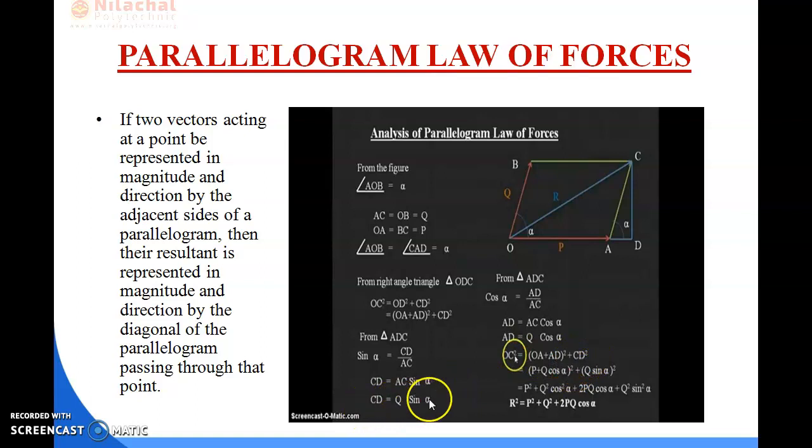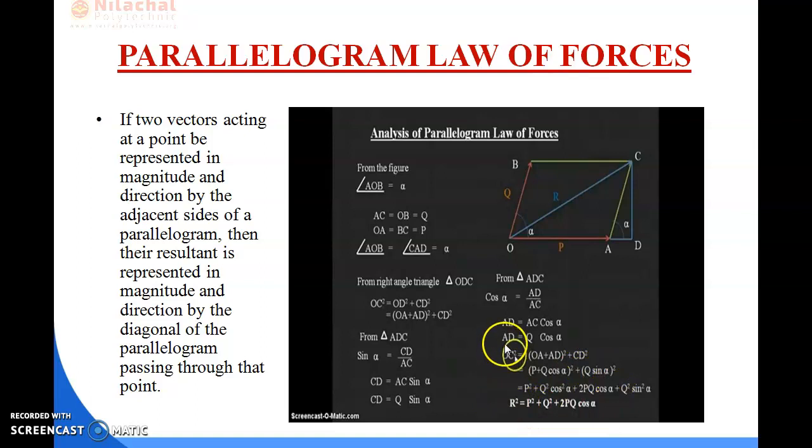CD is Q sin alpha, square. Okay, so now we can solve here. Open this: P square plus A plus B whole square. What is the formula? A square plus B square plus 2AB. So here P square plus Q square cos square alpha plus 2 into P into Q cos alpha, then plus Q square sin square alpha.